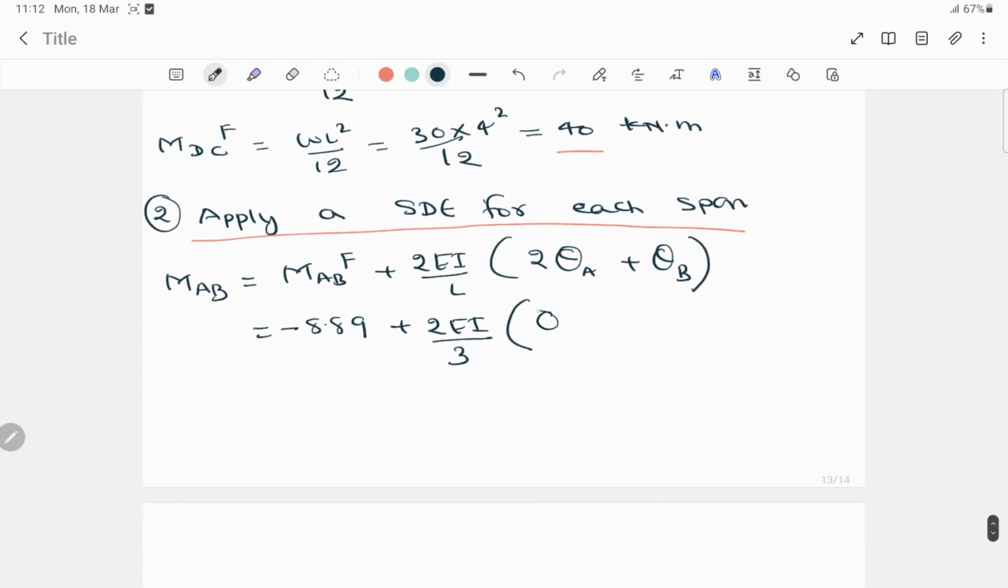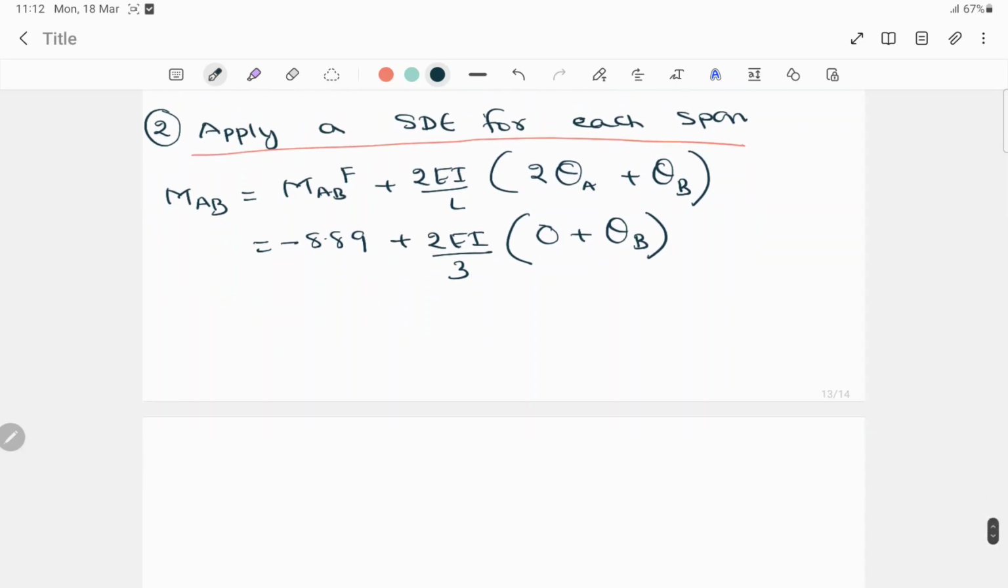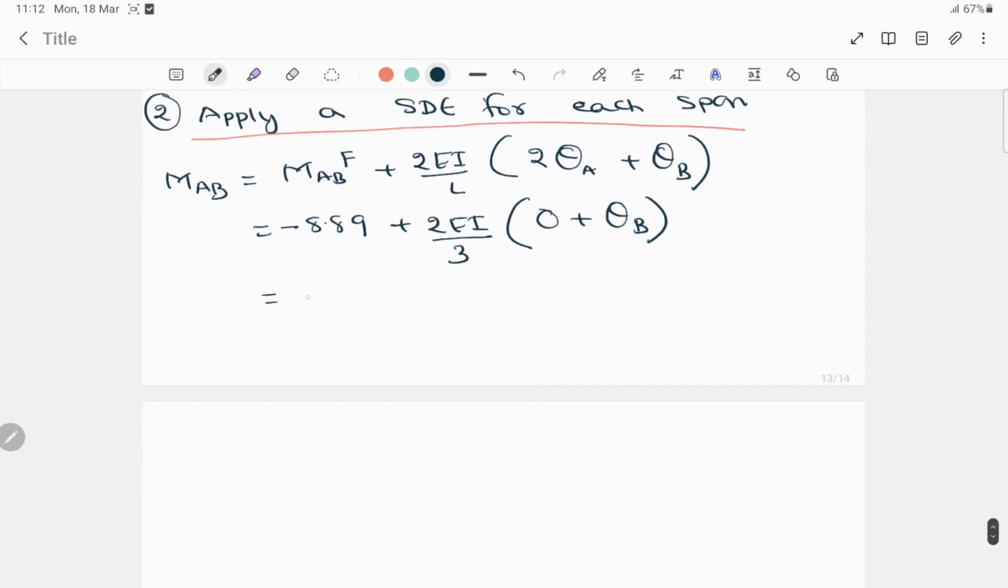So this term will automatically be 0, plus theta B, which is not fixed. Now our equation becomes minus 8.89 plus 2EI theta B divided by 3. Let it be equation 1.